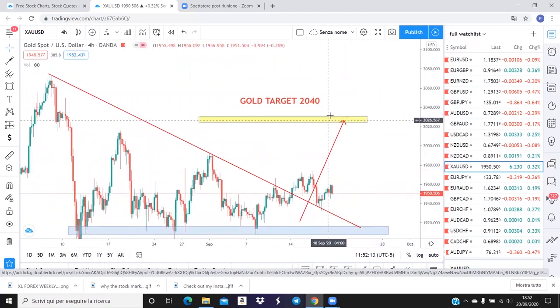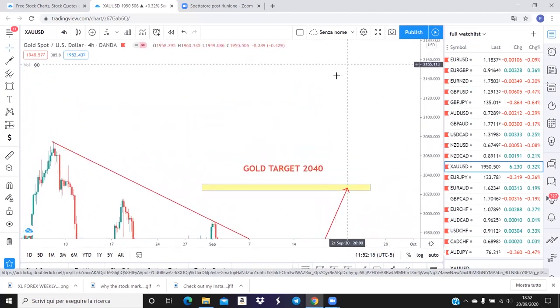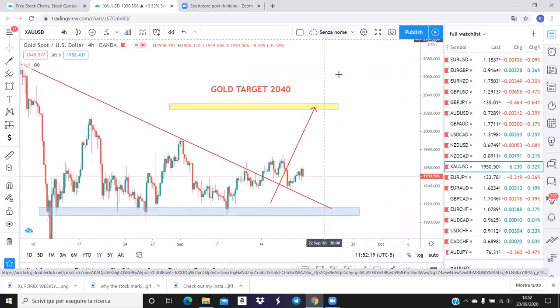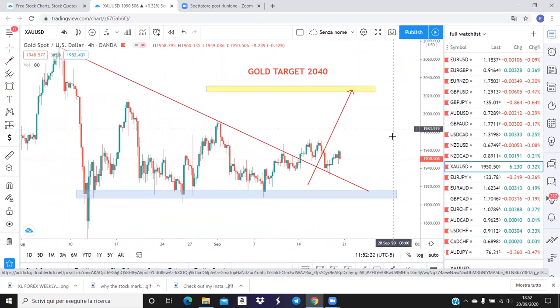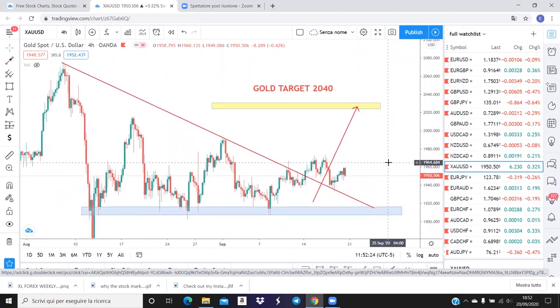This is my first target, and then I have a second target at all-time highs. So it could be nice to enter some long-term positions with very small lots in order to protect your capital.